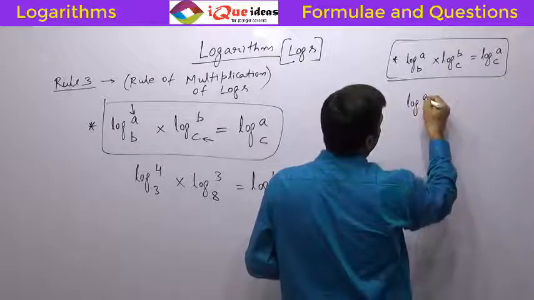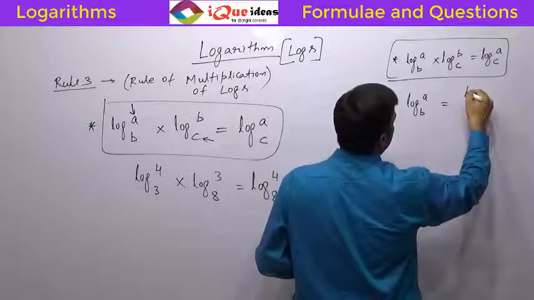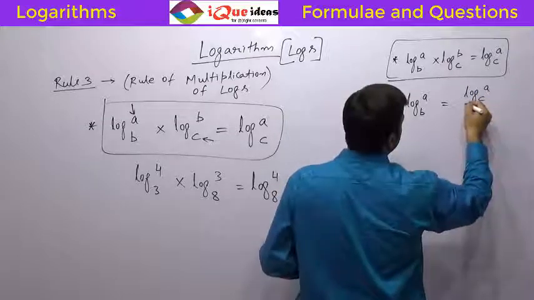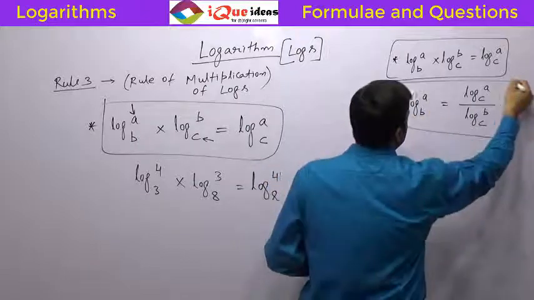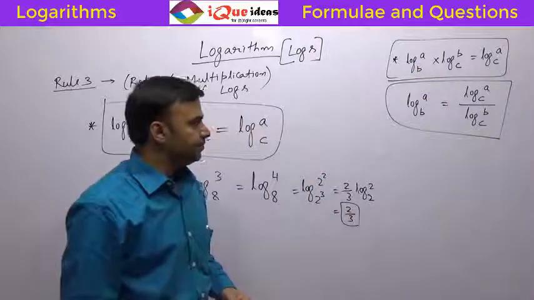So we will have log a to the base b equal to log a to the base c divided by log b to the base c. This is the outcome of the first rule.